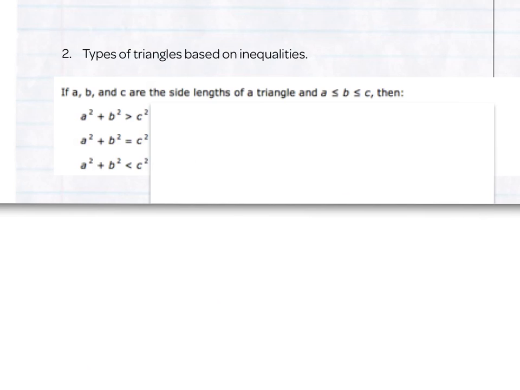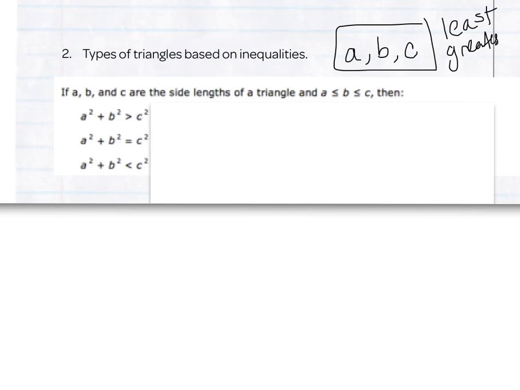Let's talk about the first statement: if A, B, and C are the side lengths of a triangle, and C is the largest, B is in between, and A is the smallest. Basically this means that if you are given 3 segments, A, B, and C, and they are not in order from least to greatest, you need to put them in order from least to greatest before you start this problem.